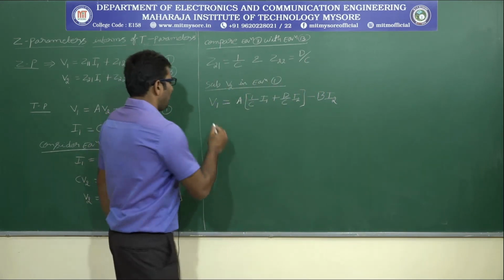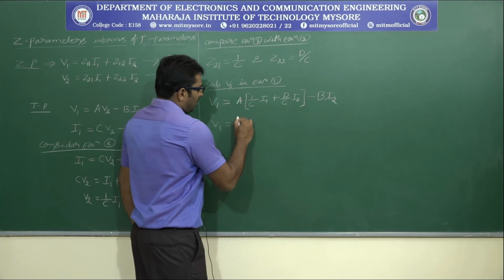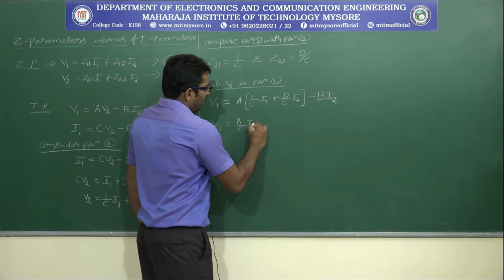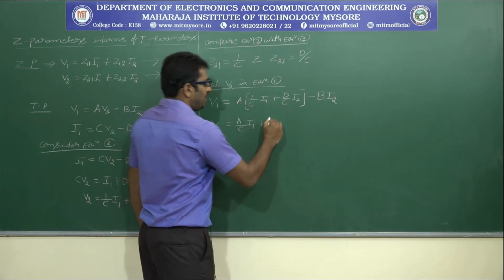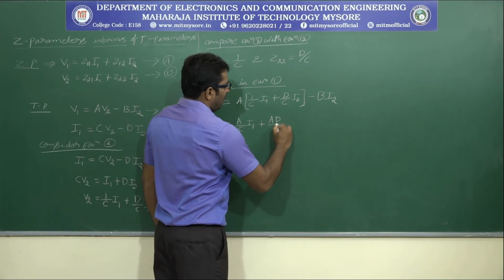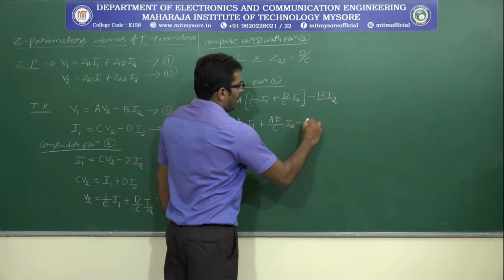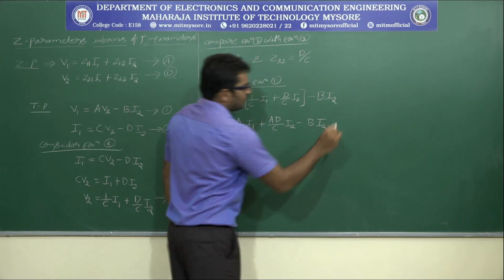Just rearrange this equation. V1 is equal to A by C I1 plus A into D by C I2 minus B into I2.